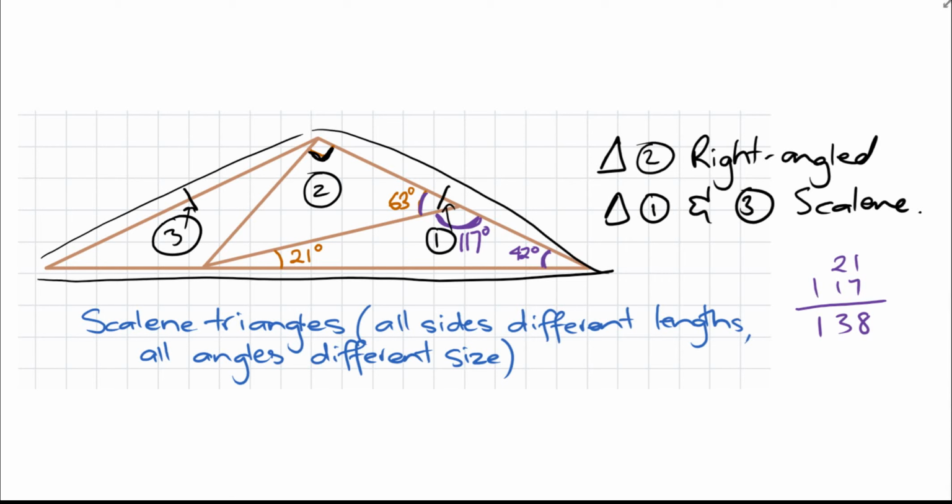So you might want to pause the video now and see if you can work out this angle here, this one, this angle and this angle using the angle rules that you know. Just to assist you in working out those four angles, let's label the vertices of this triangle. So A, B, C, and then let's label these other points here.